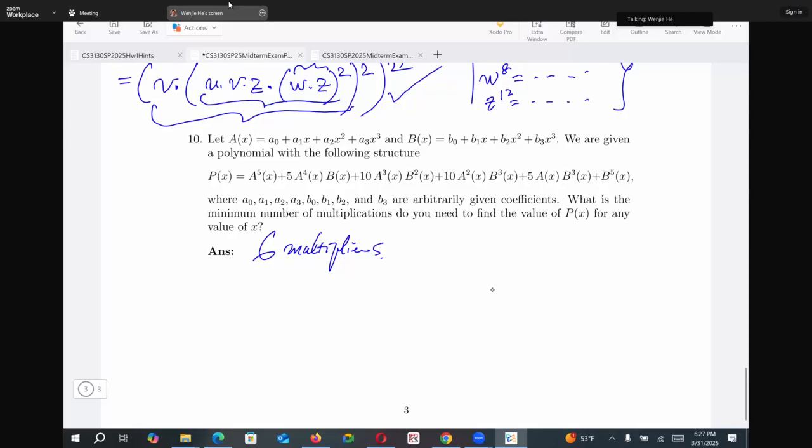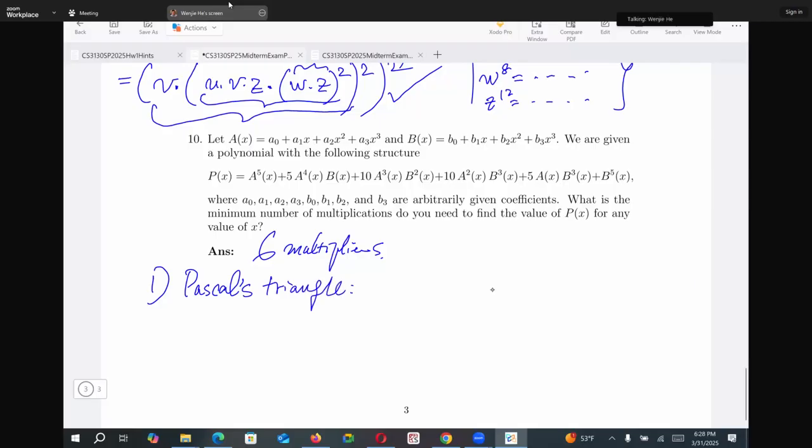That's a large number. So the first thing you need to recognize is that it matches the structure of Pascal's triangle. So the first step, you need to recognize it's a Pascal's triangle.